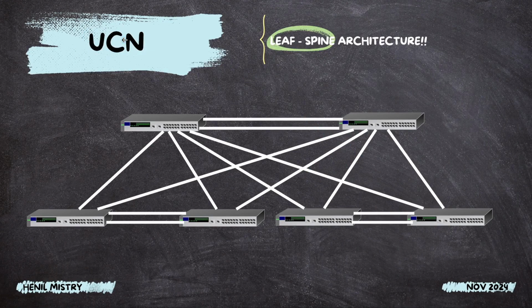This type of structure is used in data centers to introduce redundancy and quality of services and all that stuff. This leaf spine architecture is very useful. I just wanted to introduce UCN architecture; there is no relevance with VRRP.